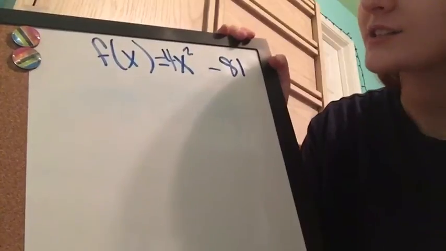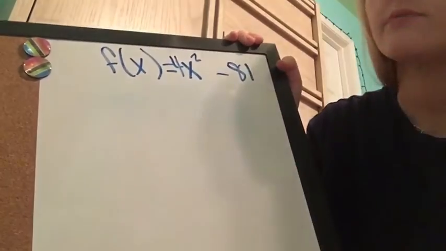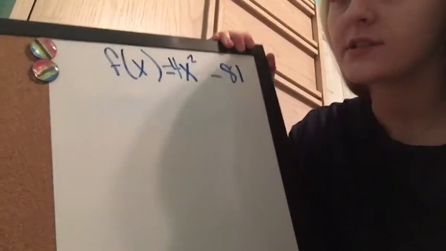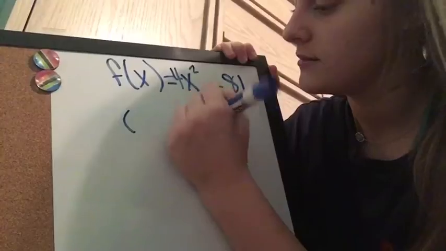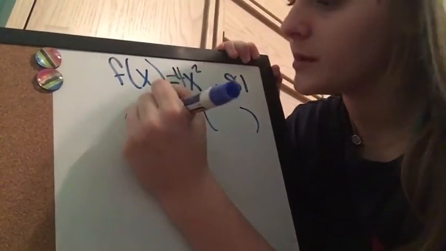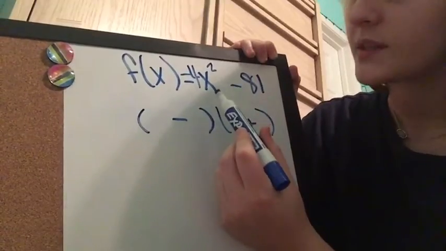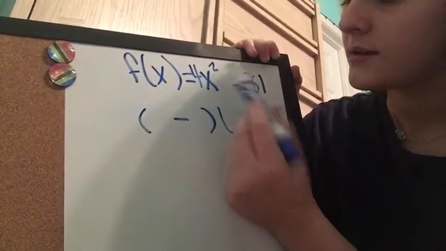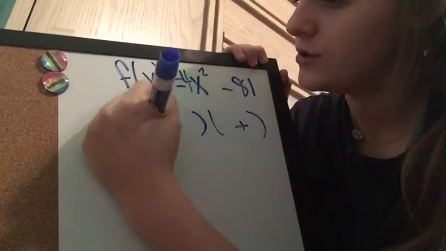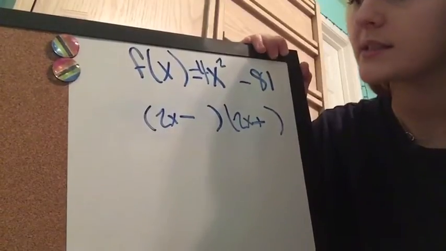Okay, so we're going to factor 4x squared minus 81. And that is a difference of squares. So you would have your 2 sets of parentheses. One would be a minus and one would be a plus. So the square root of 4x squared is going to be 2x, and you'd have that in both sets of parentheses.